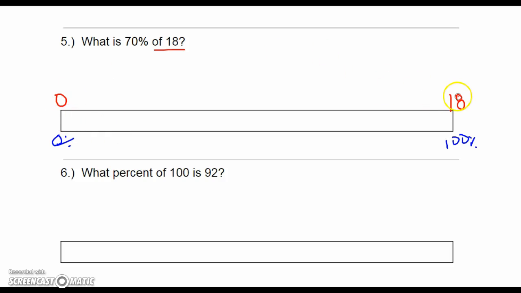So 0%, 18 is 100%. I can easily do this one in my head: 50%, half of 100%, half of 18 is 9. The number I'm looking for is 70%, so that would be about here. I can use that to estimate. I know that my answer has to be bigger than 9, definitely smaller than 18.